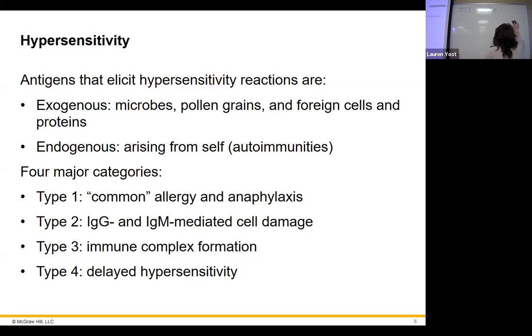Everything else is going to be from outside. Even when we're talking about the blood type ones, the type 2 reactions, they are going to be from blood that's not from your body. I'm sure you guys have probably not thought much about why it's such a big deal when you have to have your blood type given to you.